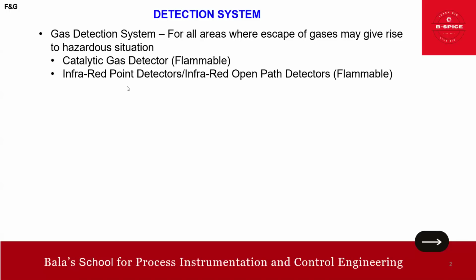Point detectors have a fixed absorption path length, typically a few inches, and localized detection. They measure gas concentration at a specific point, making them ideal for monitoring small and confined areas.